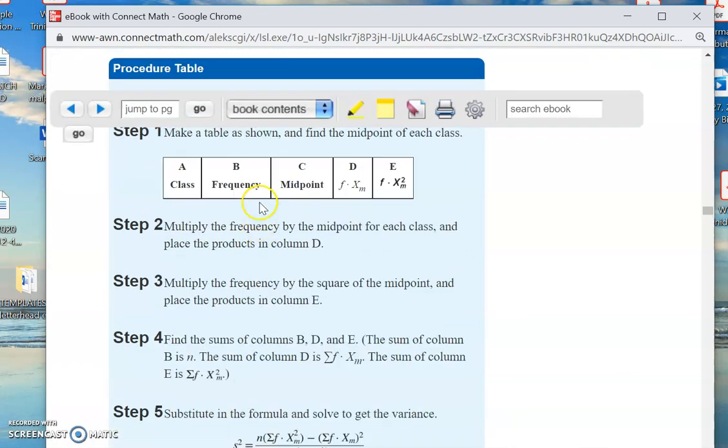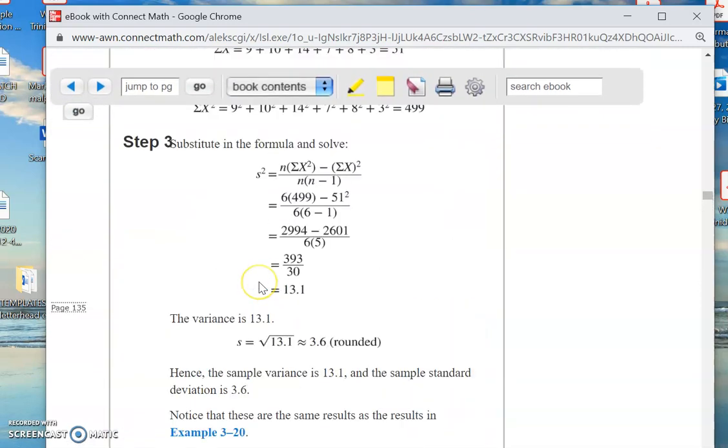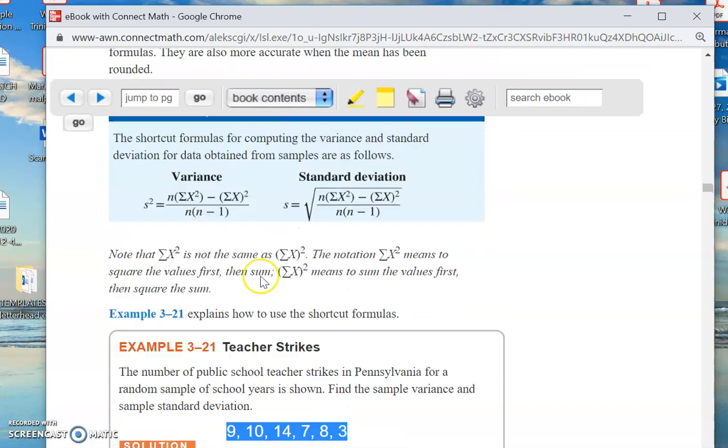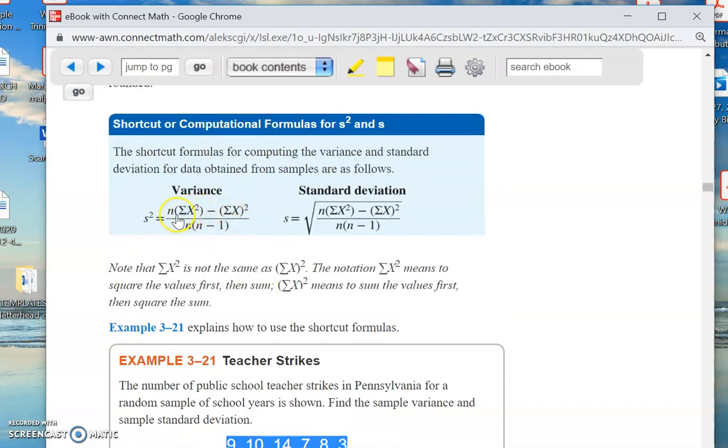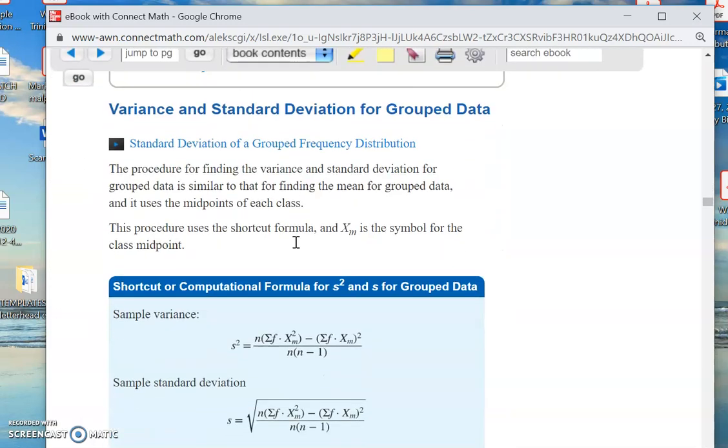It's the same formula as before, believe it or not. You take these individual data points, you square them, and this one here, you add them up, and then you square it. I mean, that's the same formula. And in your book, you can make the comparison better than I can here on the computer screen, okay? But it's the same formula.